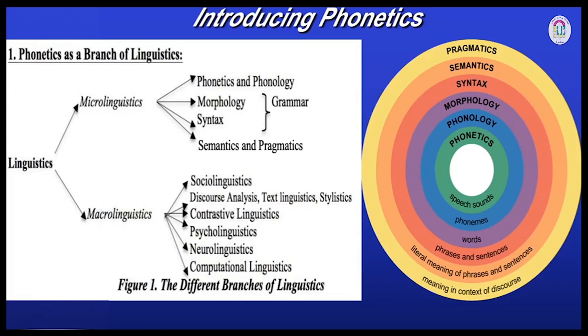The second dimension, however, gives a rough impression of the areas of linguistics, including applied linguistics, computational linguistics, anthropological linguistics, sociolinguistics, stylistics, and so on and so forth. I'm trying to avoid giving extraneous details since you will have all these in your linguistics module.